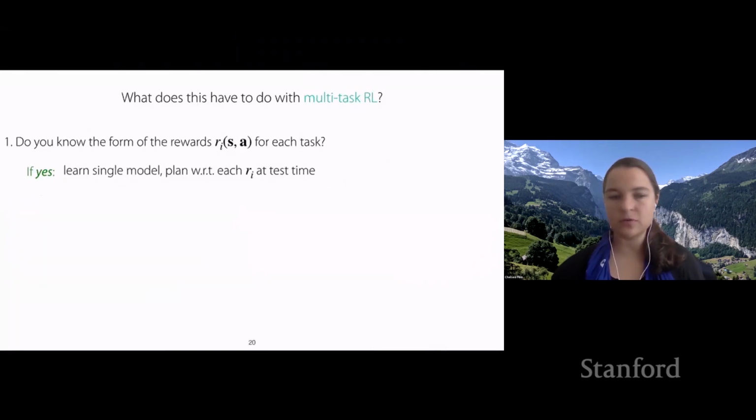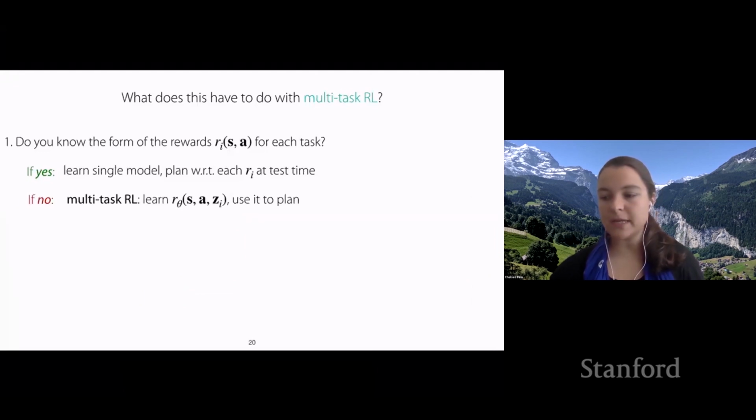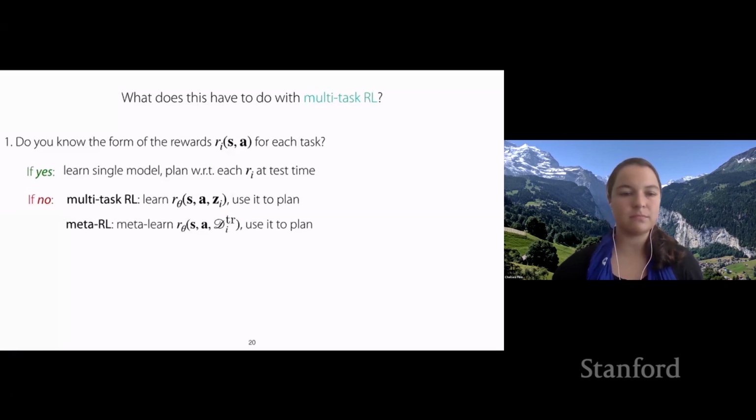But in other cases, you don't necessarily know exactly what the form of the reward function is for each of the tasks. And so you might need to actually learn a model of the reward function, which you can learn with standard multitask learning. Or you could also use meta learning to meta learn a reward function with a few examples of what that task is.